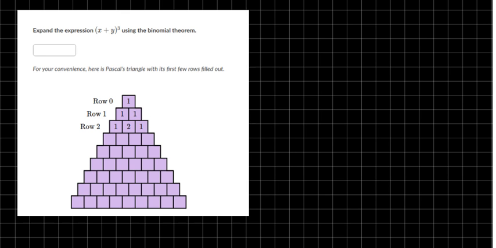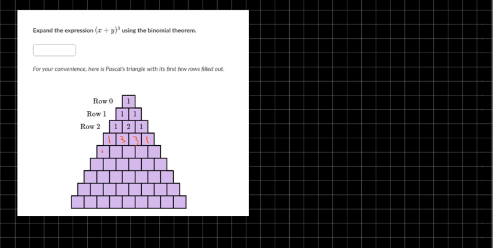So first I'm going to complete some rows here. We'll start and end every row with 1, and then we're going to add these two. 1 plus 2 is 3, and 2 plus 1 is 3.